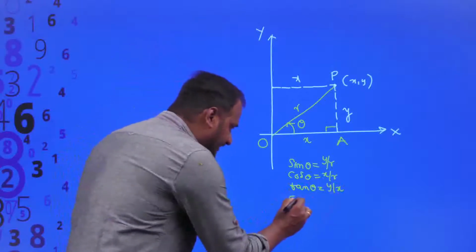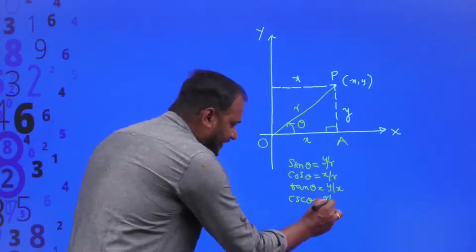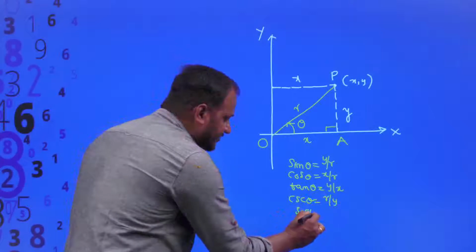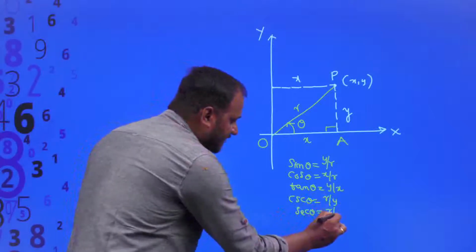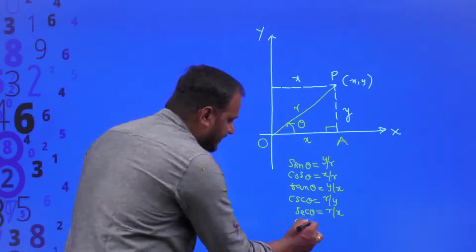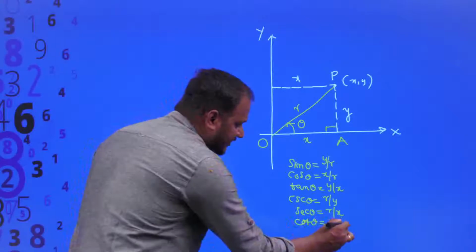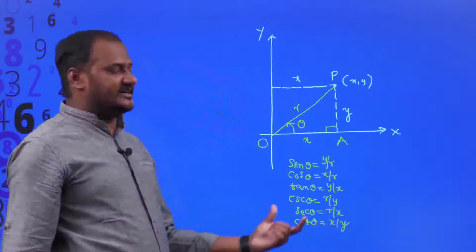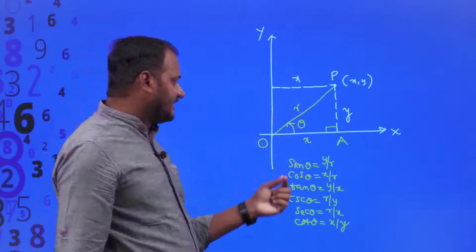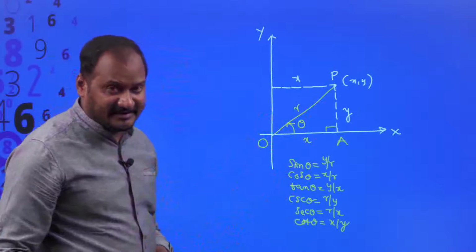And cosecant theta is equal to hypotenuse divided by side opposite to theta. And secant theta is equal to hypotenuse by side adjacent to theta. And finally cot theta is equal to side adjacent to theta divided by side opposite to theta. These are basically the 6 trigonometric ratios according to this particular right angle triangle with respect to the acute angle theta. Now the task begins.